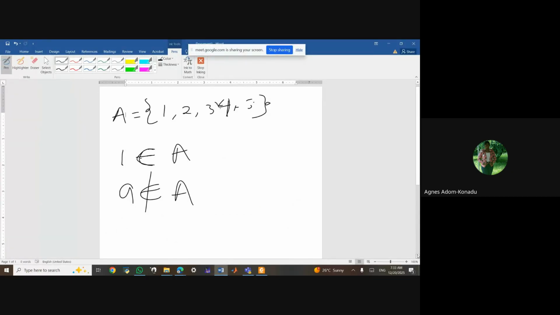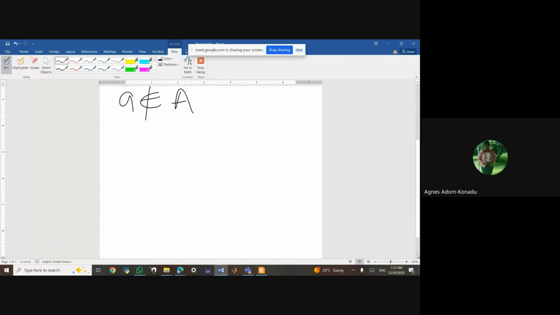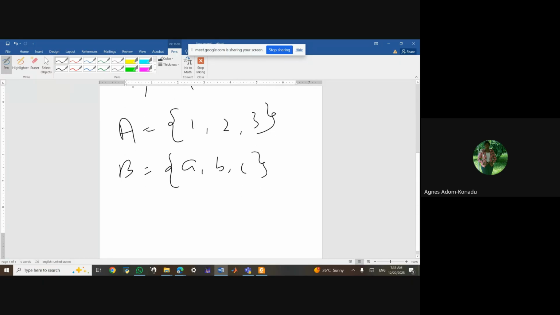So I can have a set A, and it has 1, 2, 3. And then I have the set B, and it has A, B, C. I can say that they're equivalent because the number of elements in A is 3, and the number of elements in B is also 3.